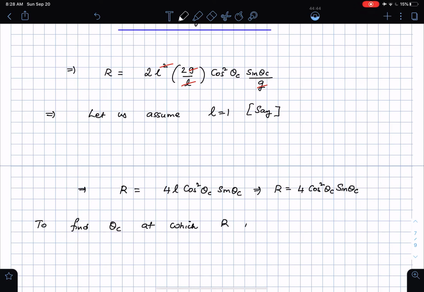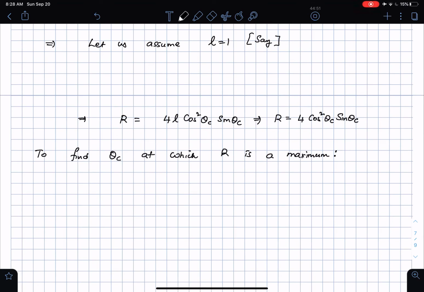Now, to find theta c at which R is a maximum, what do we need to do? We need to say dR by d theta c is equal to 0, which means d by d theta c of 4 cos squared theta c sine theta c is equal to 0.